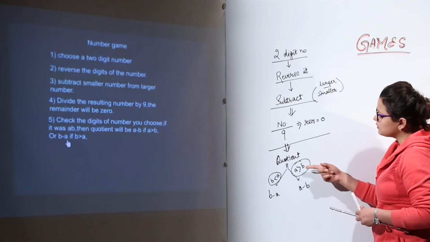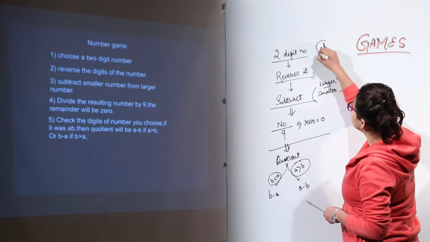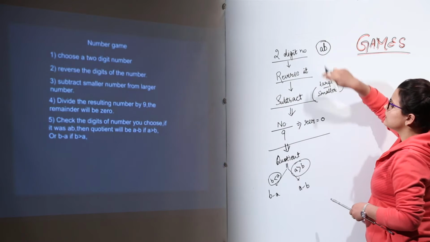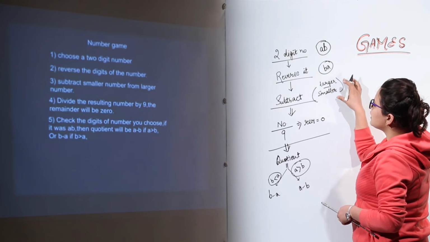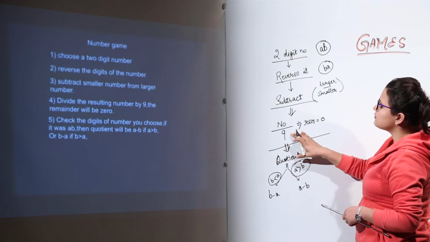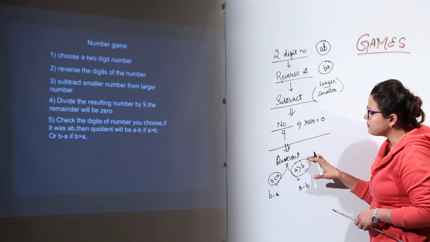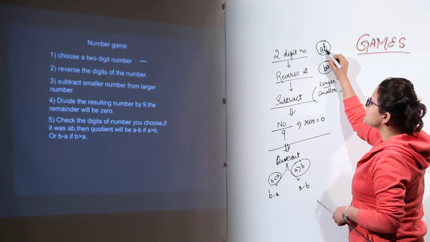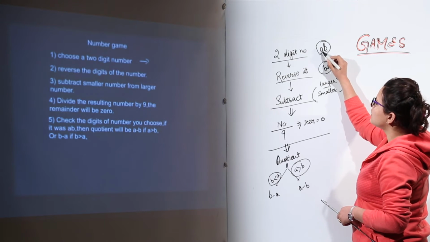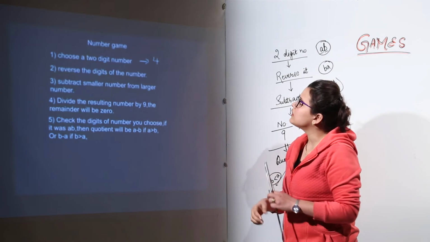Now this is dependent on the 2-digit number you are going to choose. So that would be AB. Reversing it, you would get BA. Subtracting them both, dividing them with 9, finding the remainder to be 0, and your quotient will be dependent on the digits, whether the ones place is greater than the tens place or the tens place is greater than the ones place. So that is what I have done over here also.